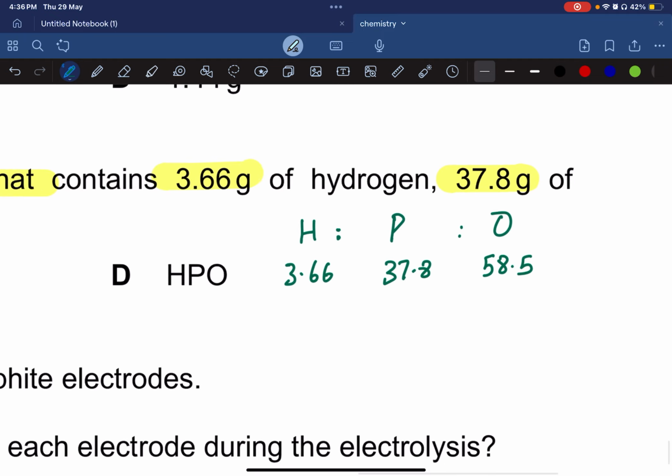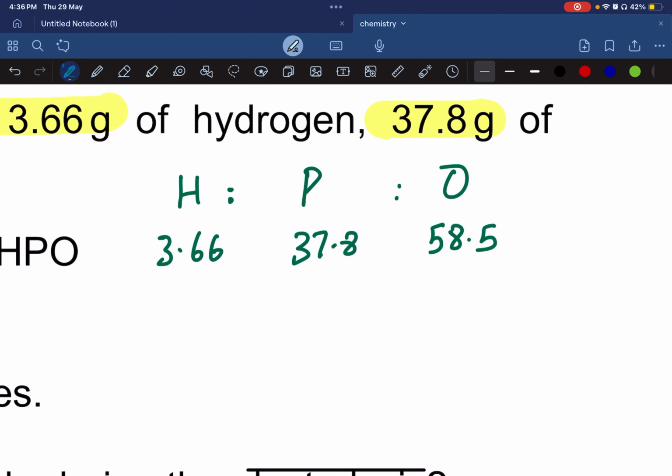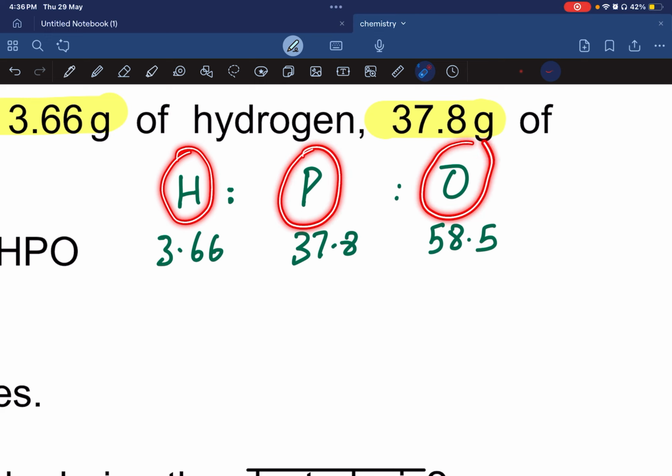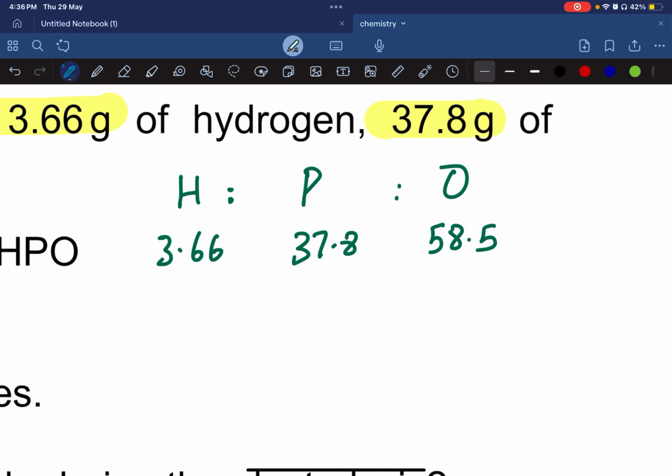The next step is to divide all these by their Ar, the relative atomic mass, which you can check from the periodic table. For hydrogen it's 1, for phosphorus it's 31, and for oxygen it's 16.